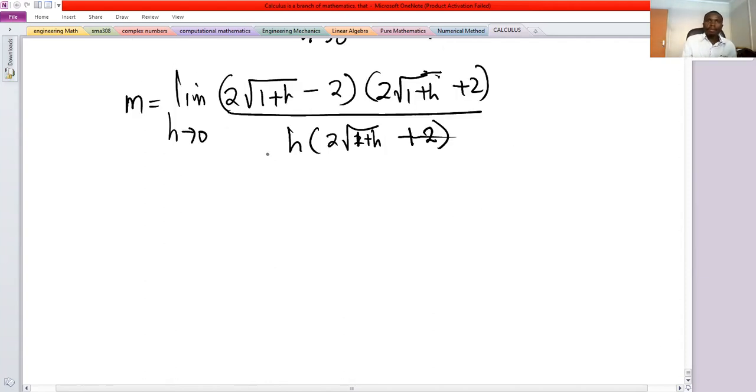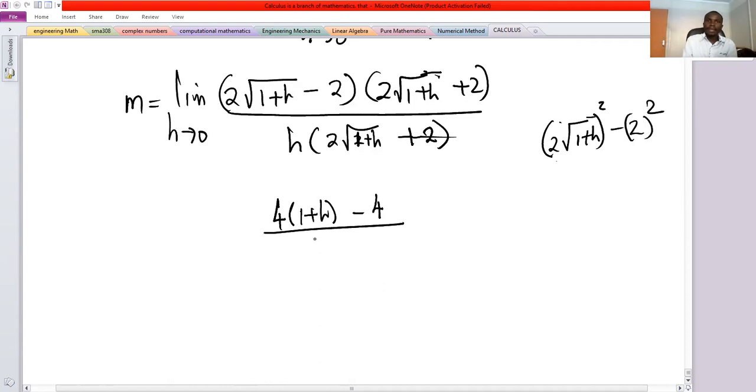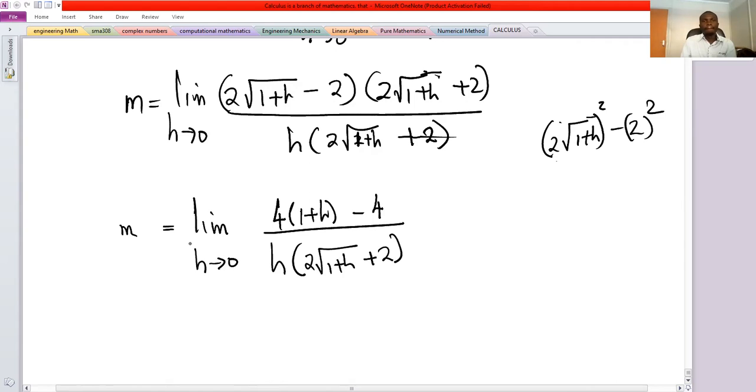Now these are difference of two squares, so we'll have 4 into 1 plus h minus 4. First we'll be doing 2 root 1 plus h squared minus 2 squared. So the square of this is what's giving me this, divided by h into 2 root 1 plus h plus 2. We don't have to open this. The limit as h approaches 0 is the value of m.